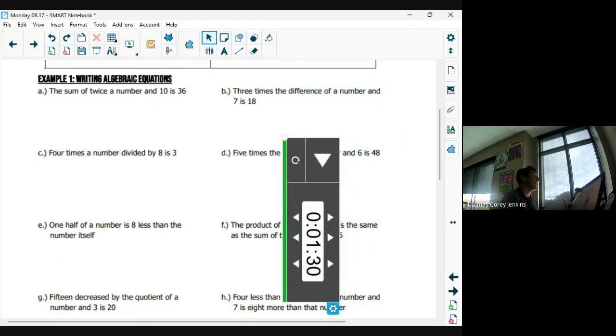All right, so A, the sum of twice a number and 10 is 36. So sum means addition, and then twice a number is times 2. And "is" equals. Okay, so if we put it all together, we have 2x and 10 added together.